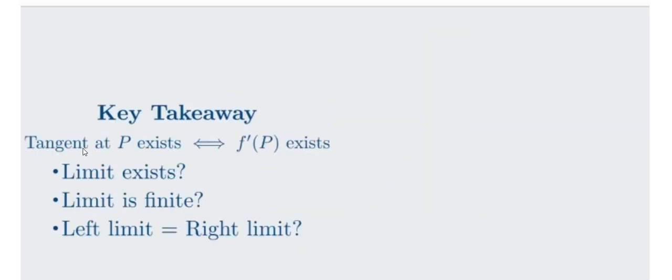The key understanding is that whether the tangent may exist, and whether it is differentiable or not, depends upon these three things: whether the left hand limit and right hand limit are equal or not, whether the limit exists or not. If it exists, it should be finite. The tangent may exist, but it doesn't mean that it is differentiable. Try to understand.